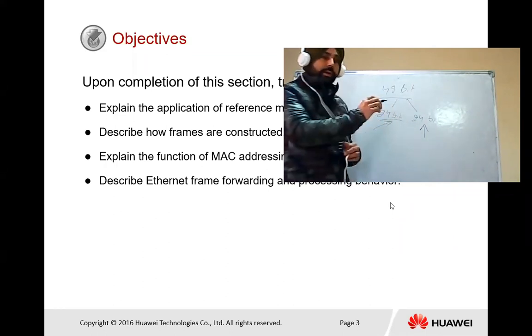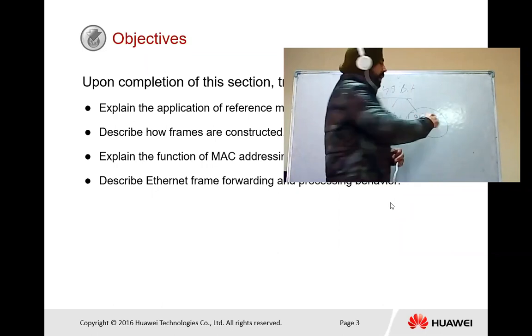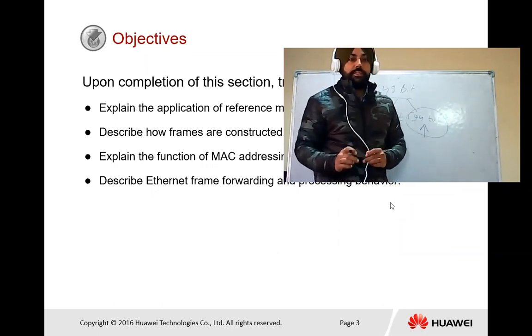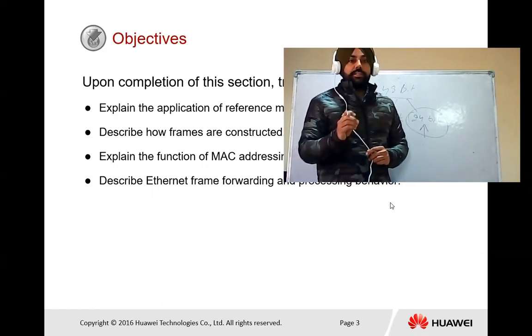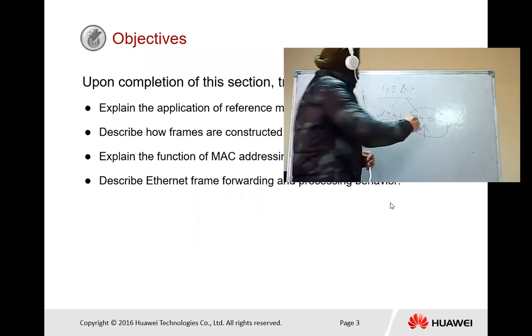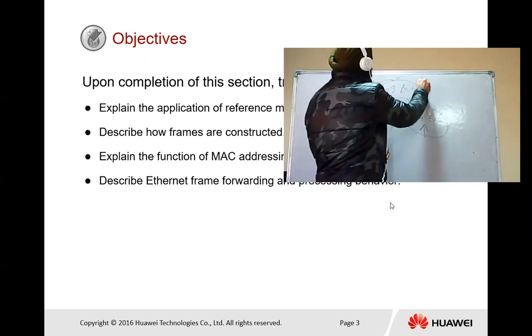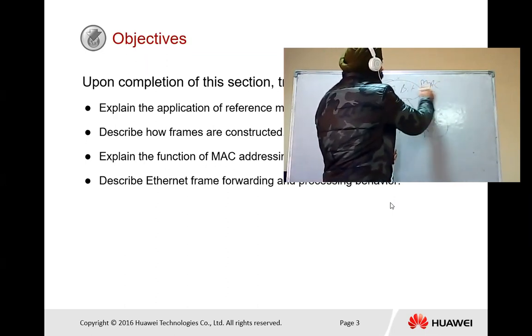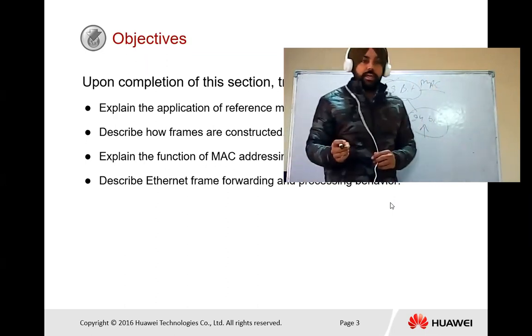The second 24 bits are the address of your system, a particular physical address assigned to your system. The MAC address is a unique address, a worldwide unique address.